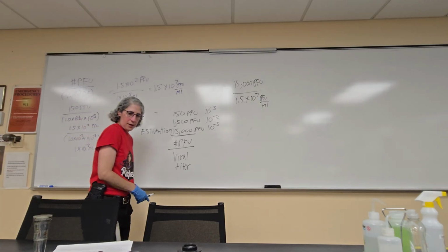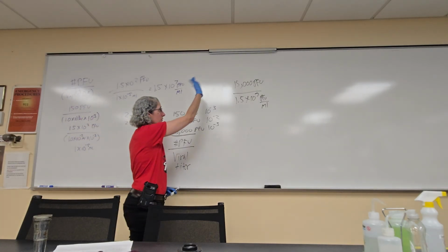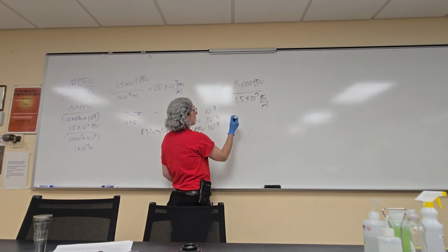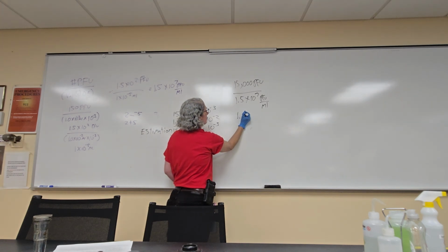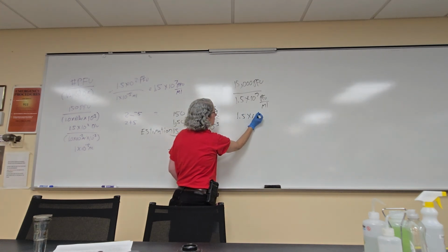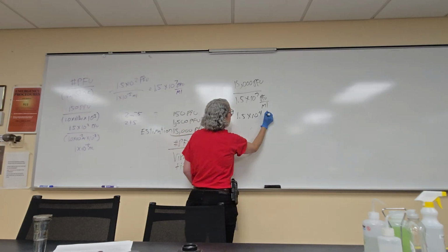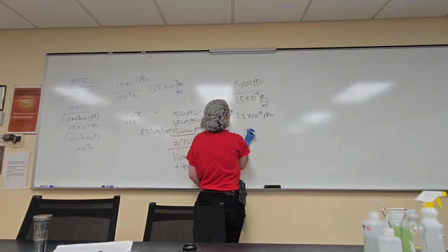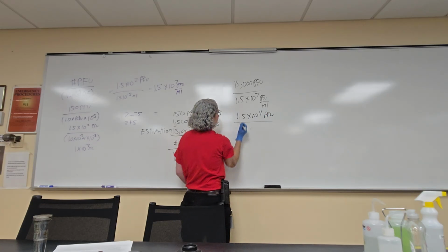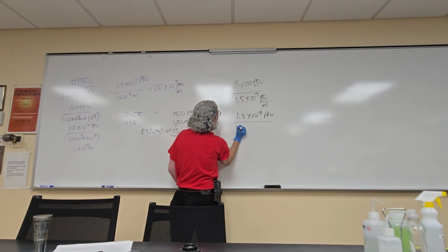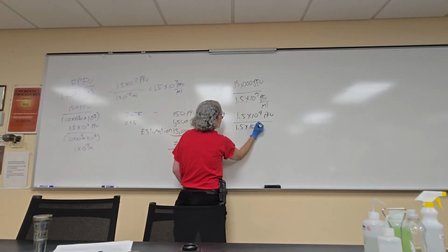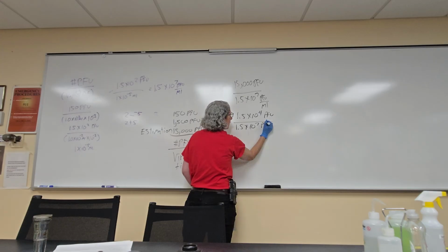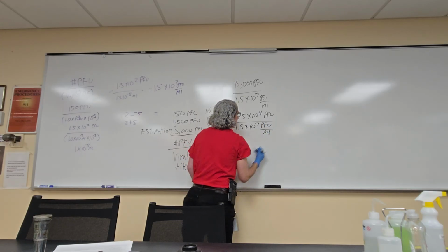Okay. So again, we can simplify this. 1.5 times 10 to the 4th PFU, and then our titer again, 1.5 times 10 to the 7th PFU per mil.